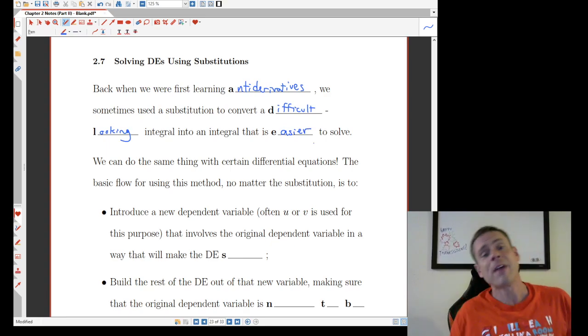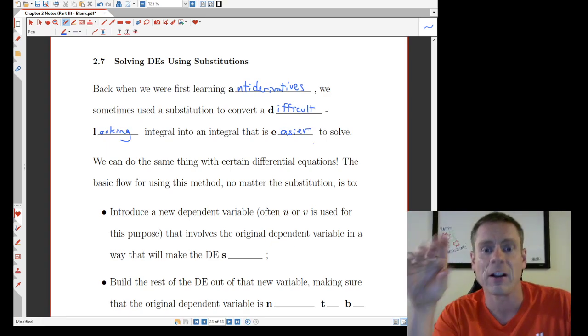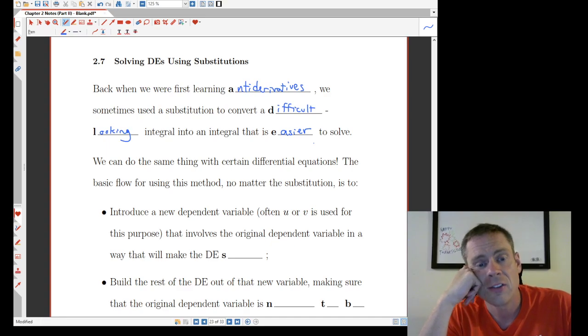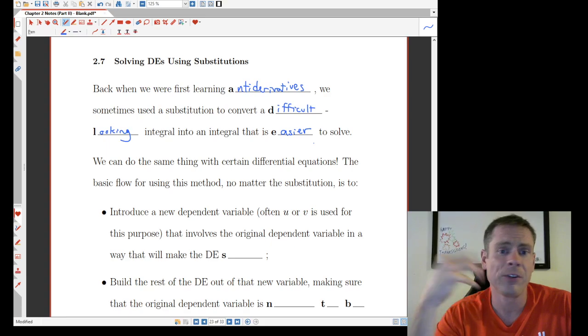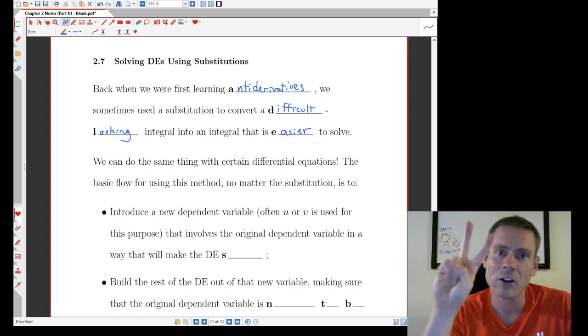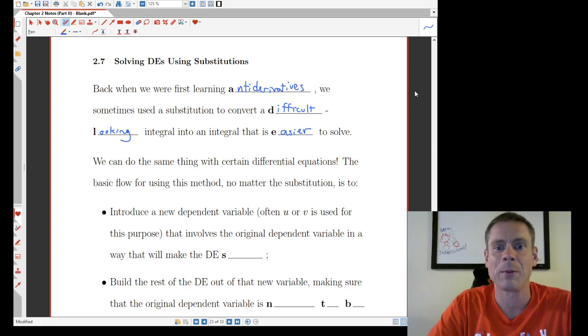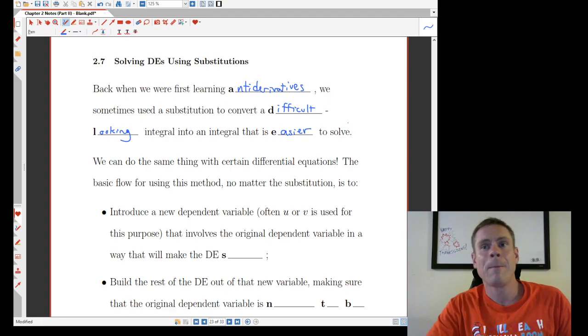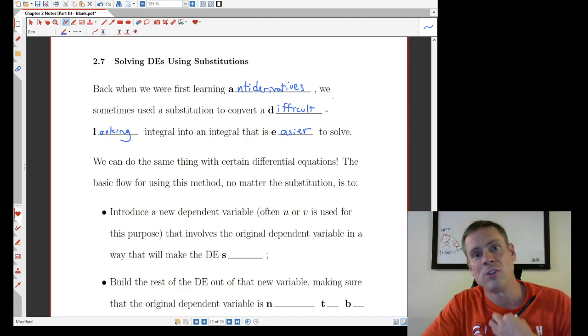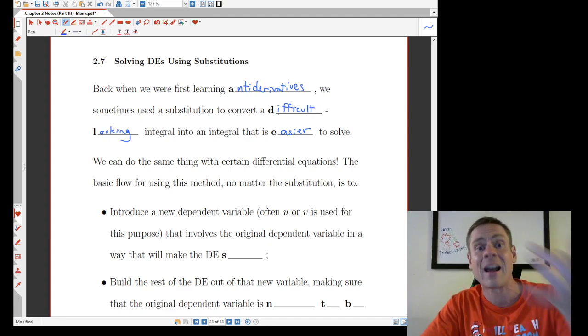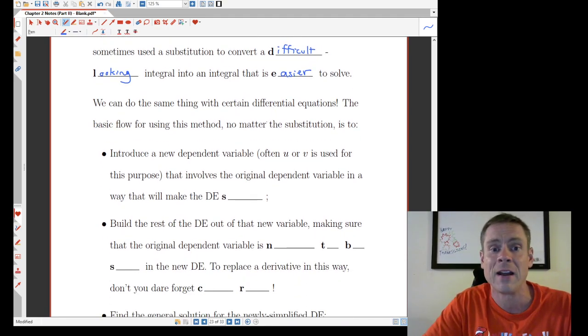And as a matter of fact, we can do the same thing with particular kinds of differential equations. So no matter what kind of substitution you use, the flow is kind of the same. As I said, there are two different kinds of substitutions that I'm going to have you be responsible for, but I could really give you any substitution when it comes to a test, and you should be able to navigate it using these exact same sorts of ideas.